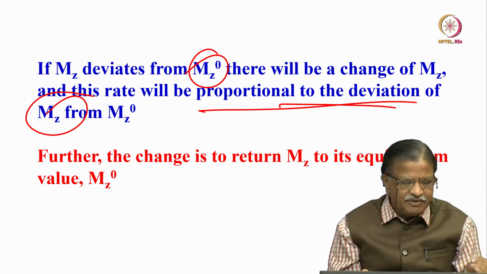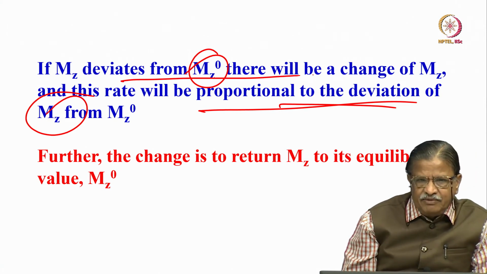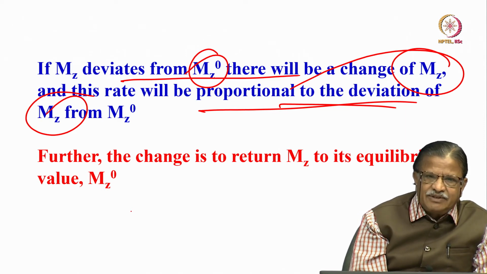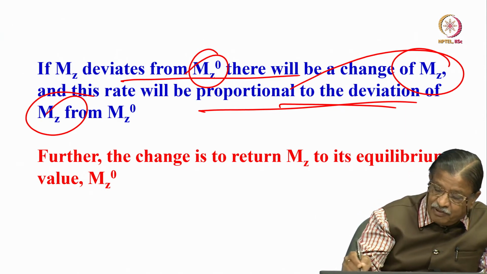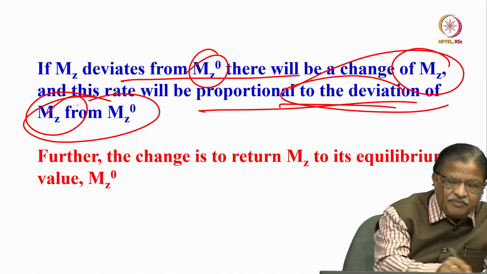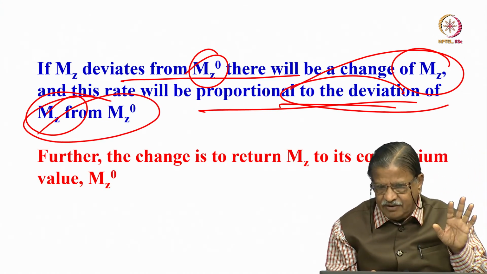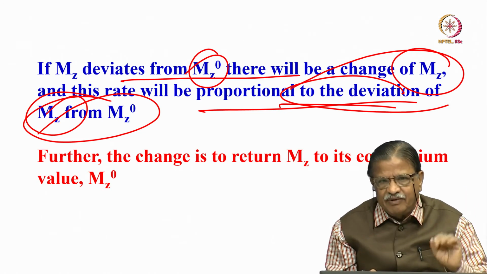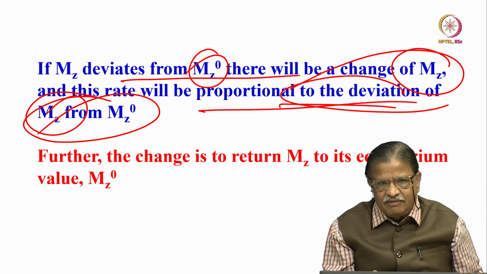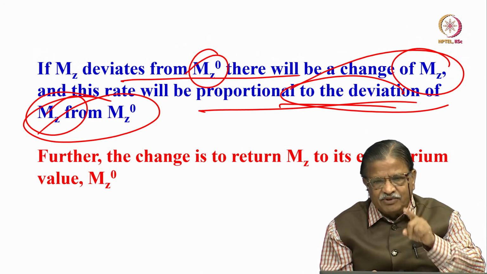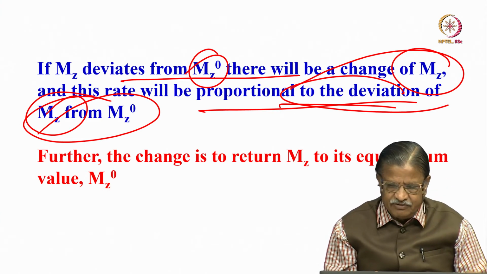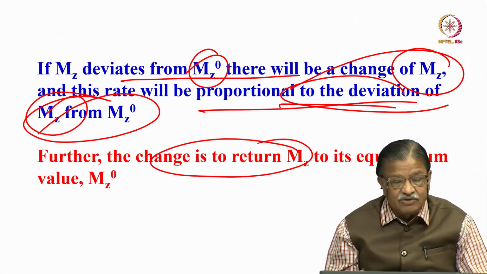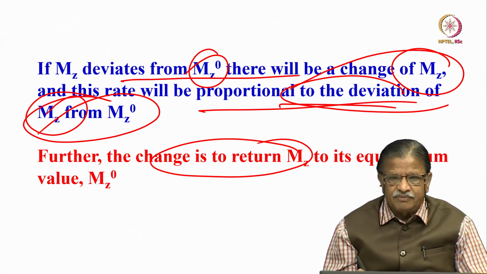In simple terms, remember: if Mz deviates from M0, there will be a change of Mz, and this rate of change will be proportional to the deviation of Mz from M0. When Mz equals Mz0 there is no change, but when it deviates from Mz0, there will be a change, proportional to that deviation. This is what you should understand. Further, the change is written relative to its equilibrium value Mz0.